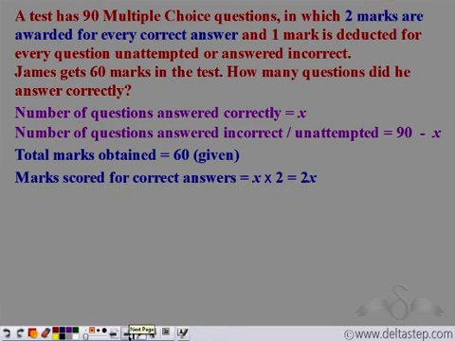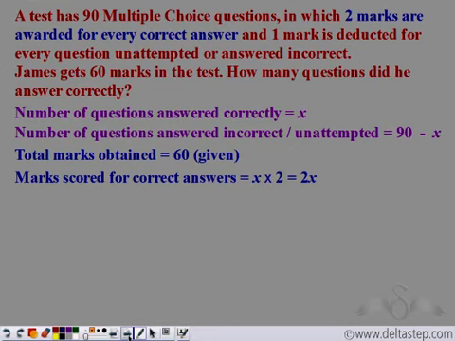So marks scored from correct answers will be x into 2, that is 2x. Because he gets 2 marks for each correct answer, he will get x into 2 marks for x correct answers. X into 2 gives us 2x. So marks obtained for correct answers is 2x.